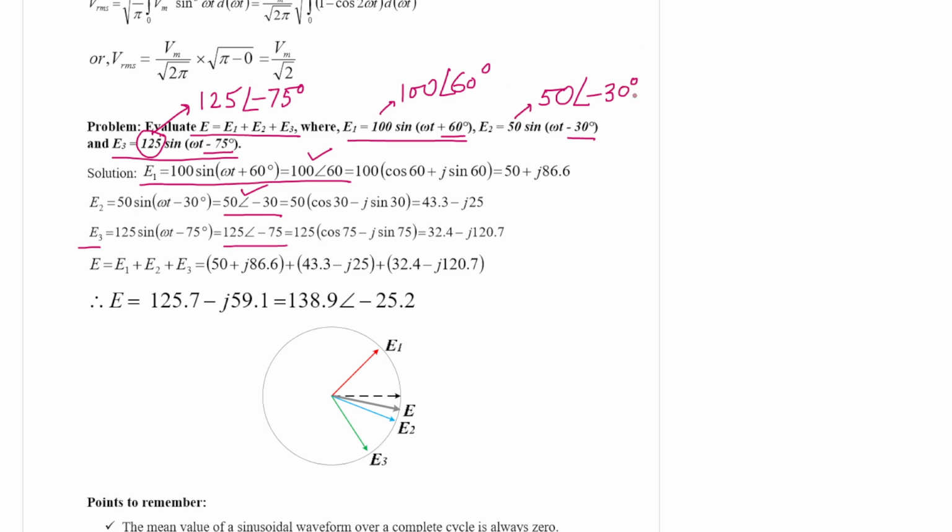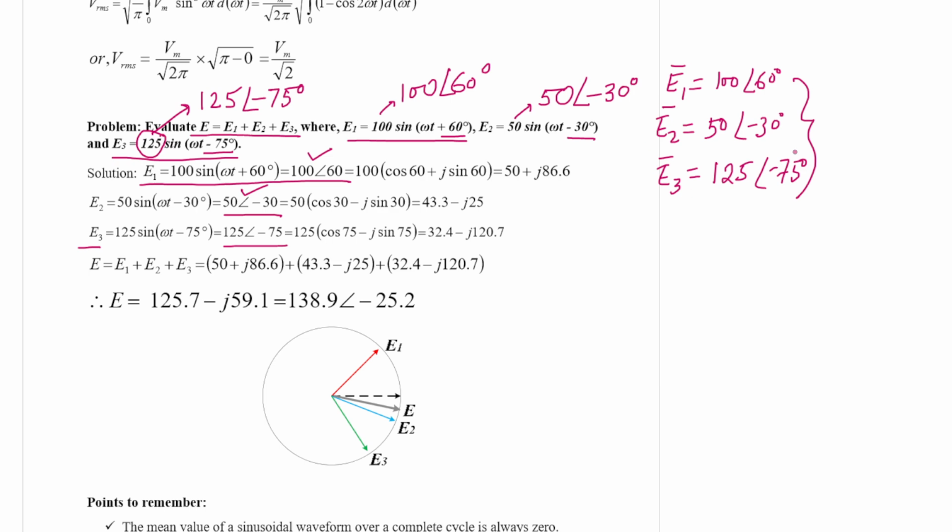So what we are getting: E1 is equal to 100 angle 60 degrees, E2 is equal to 50 angle minus 30 degrees, and E3 is equal to 125 angle minus 75 degrees. These are the three phasor representations.